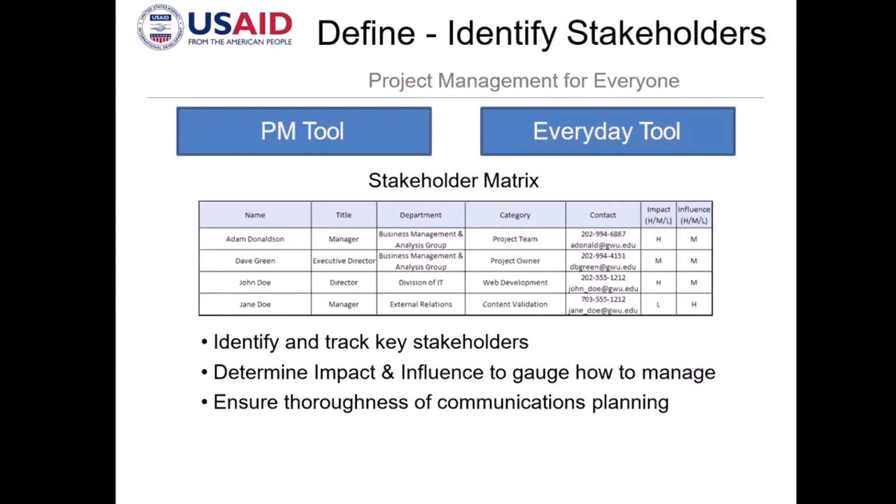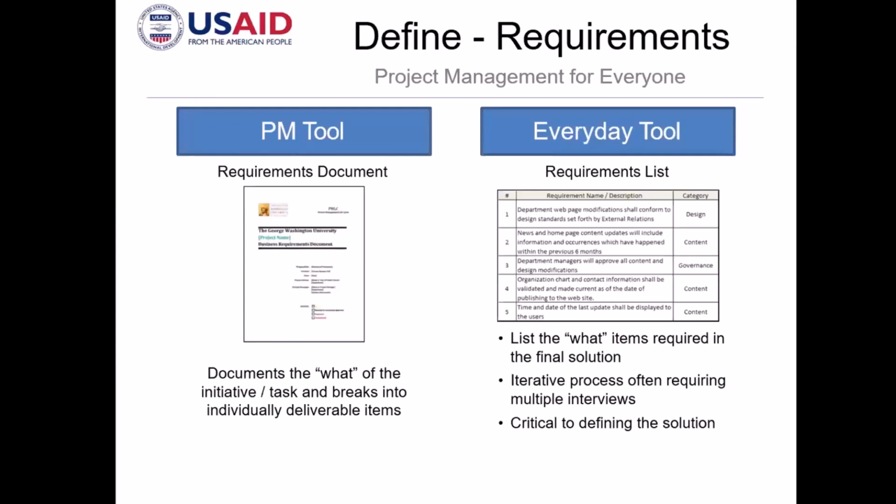Okay? And it's also important to have your stakeholder matrix, because when you do the status report, you will have to include each and every stakeholder that needs to know the status of the project. So the requirements document is just an appendix also of the project charter.